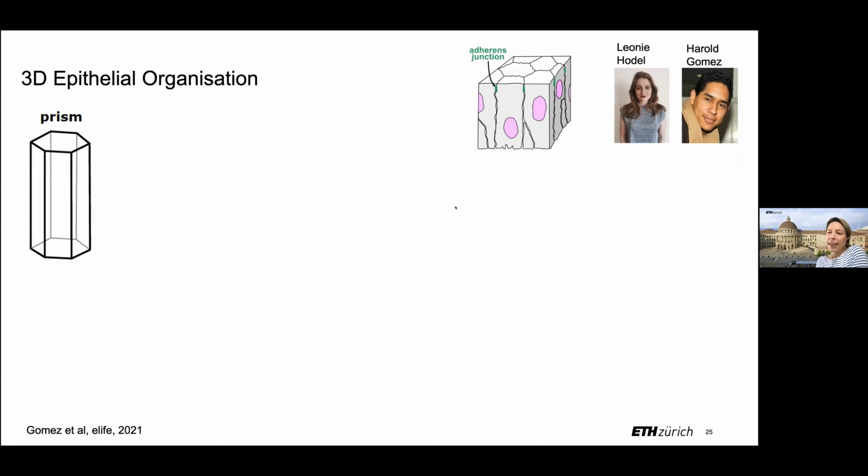So a prism has an n-sided polygon on both its sides, and this n-sided polygon is the same on the apical and basal side.